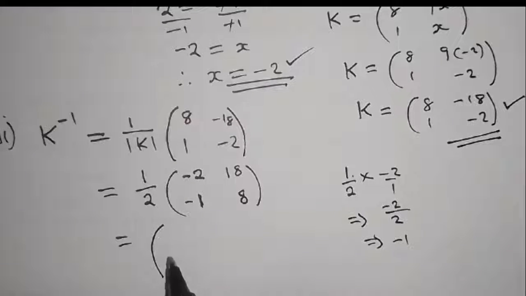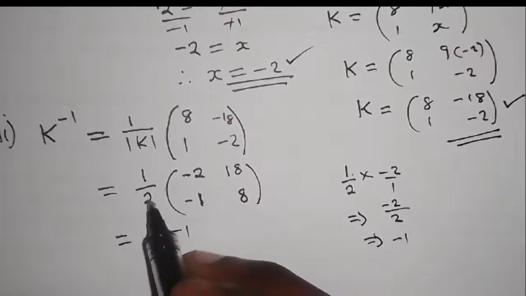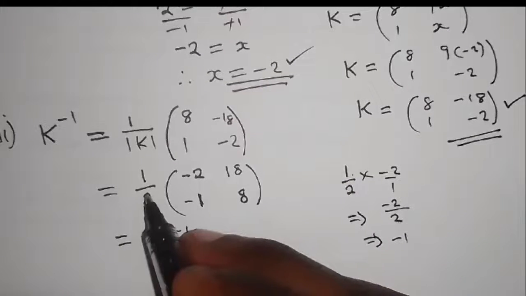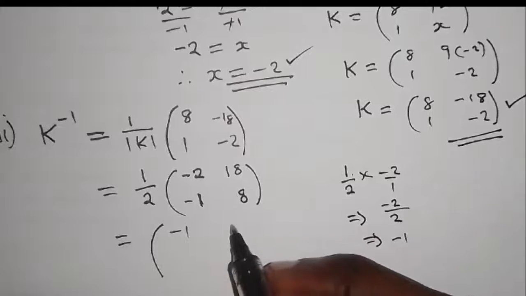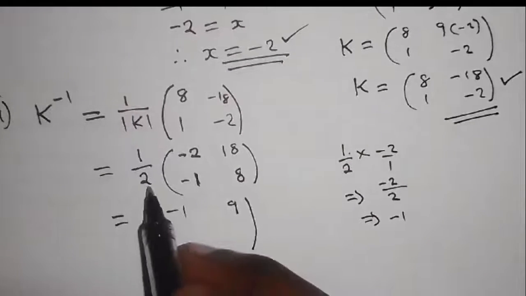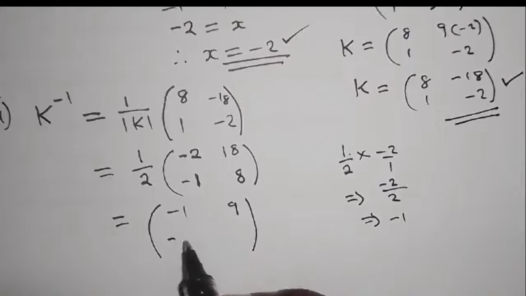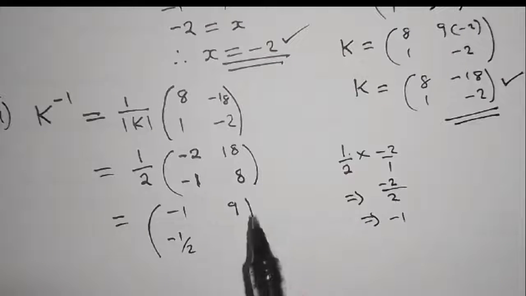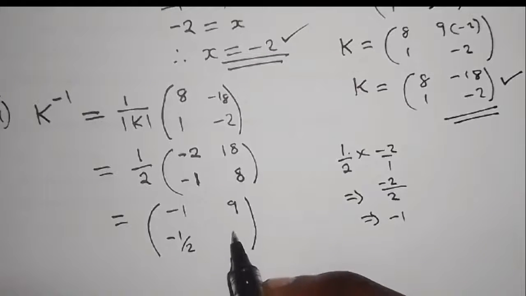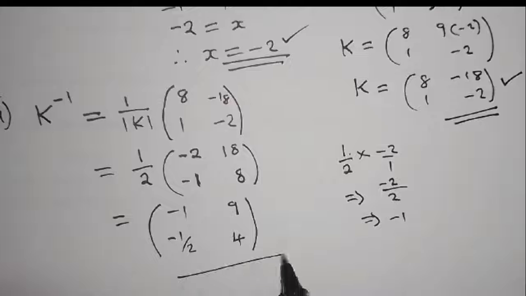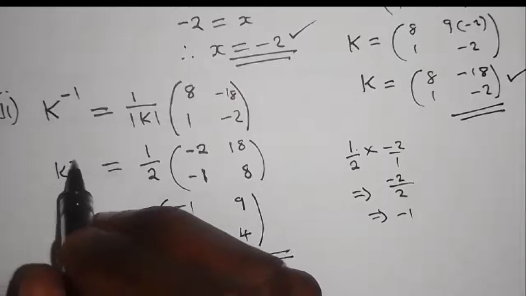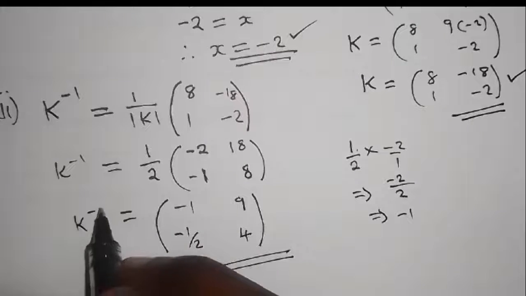So to finish it, this is negative 1, half times that one. Then half times 18. Half of 18 is what? Is 9. And half times negative 1 is just negative half. Then half times 8, meaning half of 8 is 4. So this is the inverse of the K matrix.